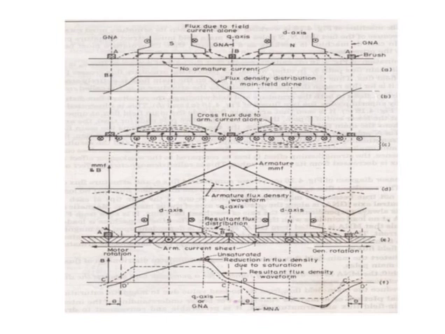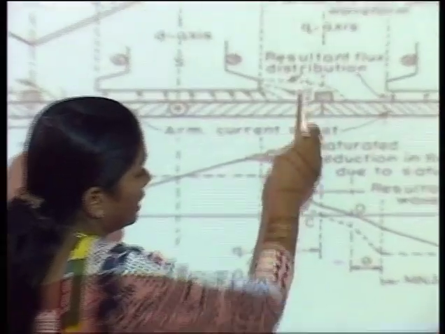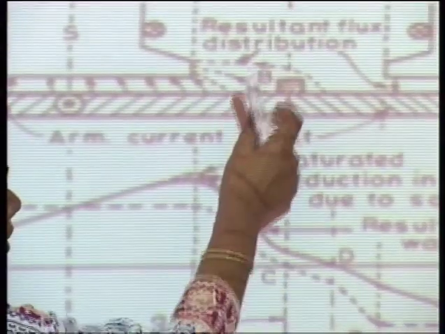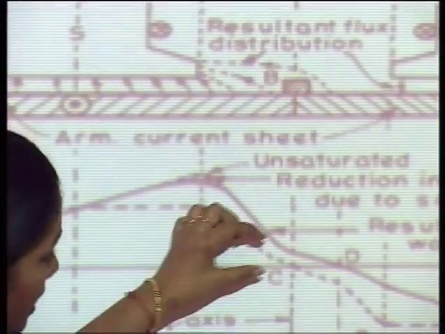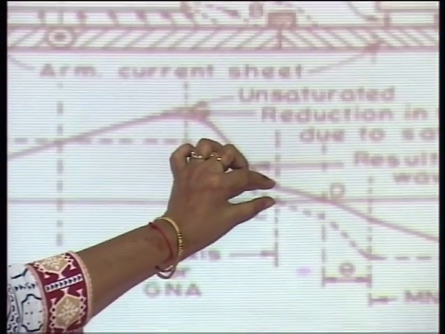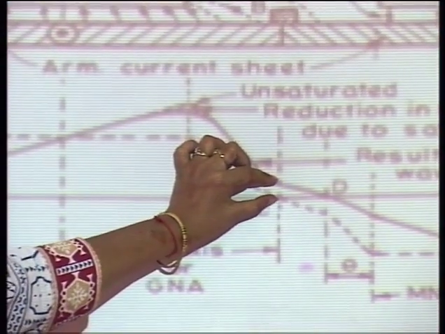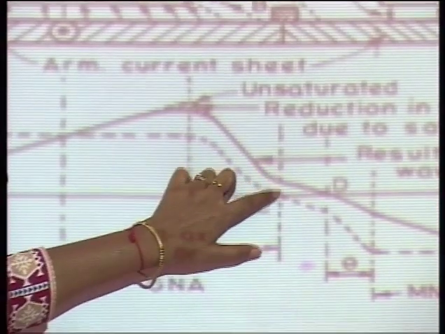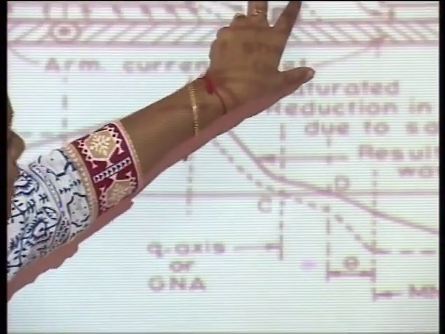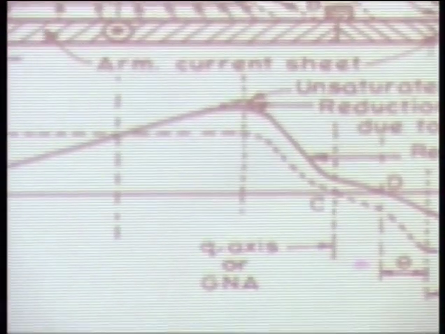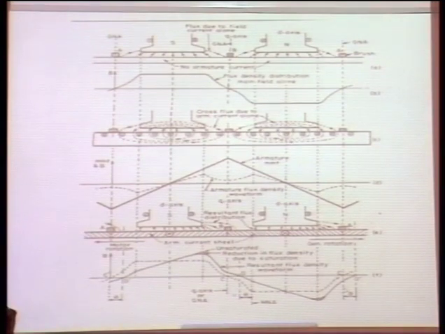Suppose I connect one pole here, and this pole produces the flux density in such a way that this flux is nullified. So flux can be nullified with the help of flux only. So this flux can be nullified with the help of flux produced by the interpoles. So this will be the solution provided by the interpoles.